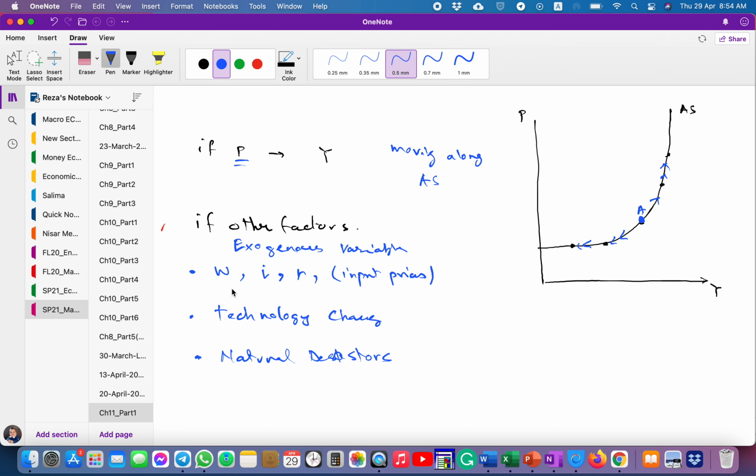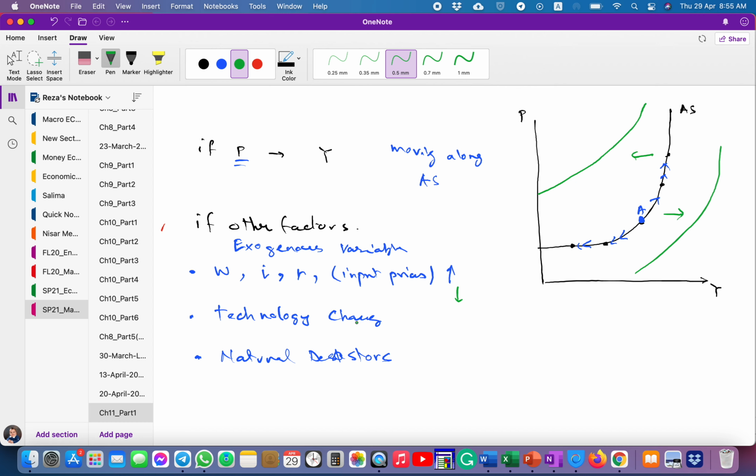But what will happen if the input prices increase? If the input prices increase, the curve shifts to the left. If the input price goes down, it shifts to the right. If the technology is improving, we are shifting to the right.